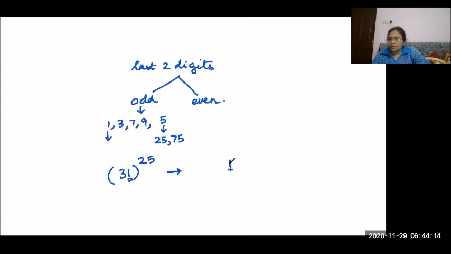The second last digit will be found by multiplying the tenth digit of a number by the unit digit of the power. Yeah, 3 into 5, 15. And the answer, the second last digit will be the unit digit of the product. So 51. Am I clear?